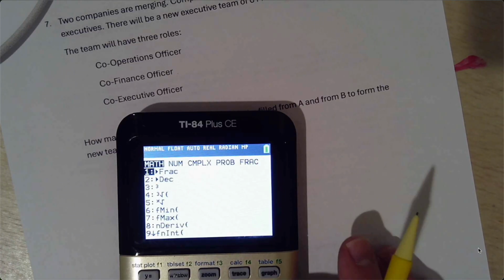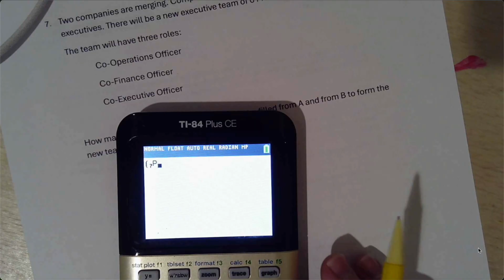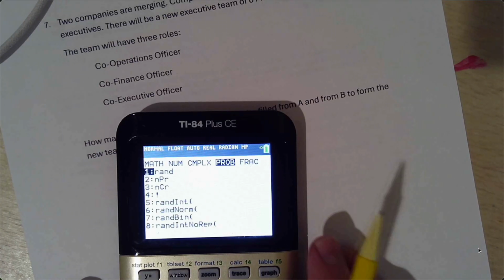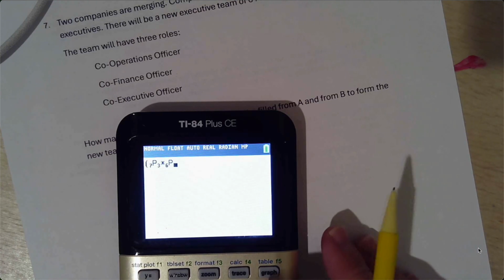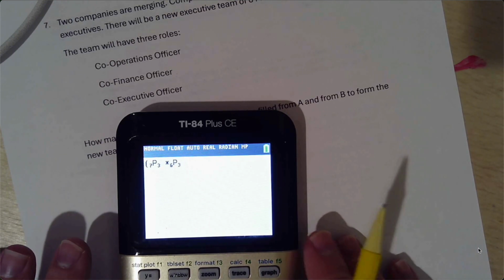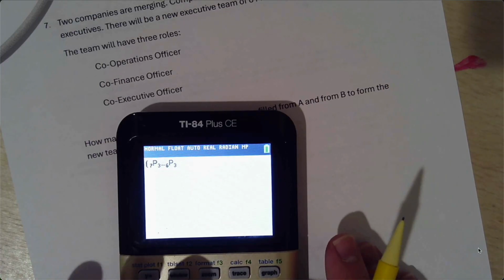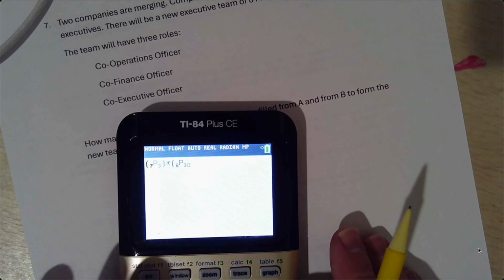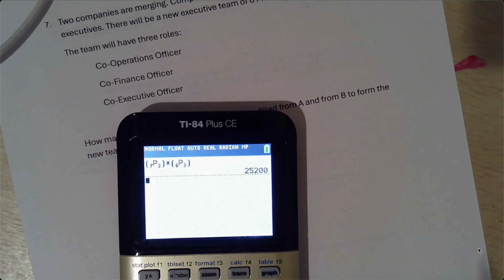If I have 7 permute 3 times 6 permute 3, and I just don't quite like how that looks, so let me get my parentheses there just to make sure it looks nice. There we go.